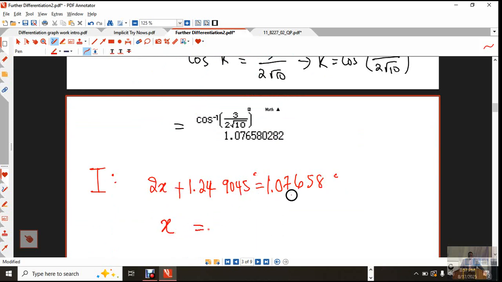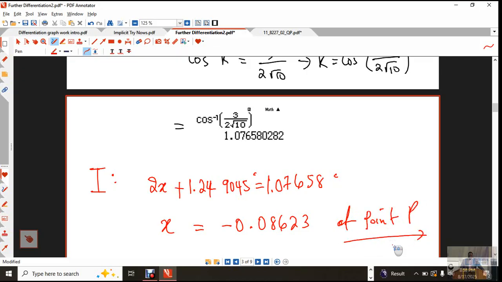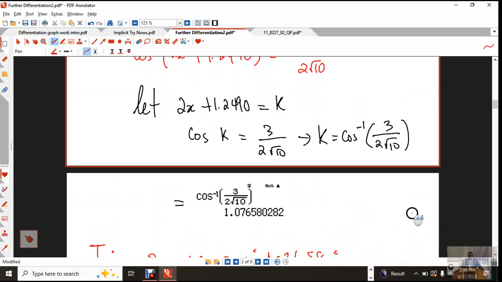Of course, x would be the difference of those two, and you're going to divide that answer. If I do that, I'm going to get negative 0.08623, and this is the x coordinate at point P. Diagram might be slightly out.